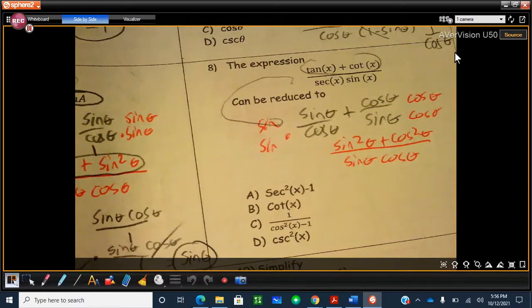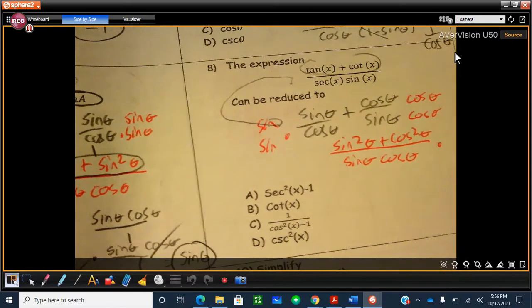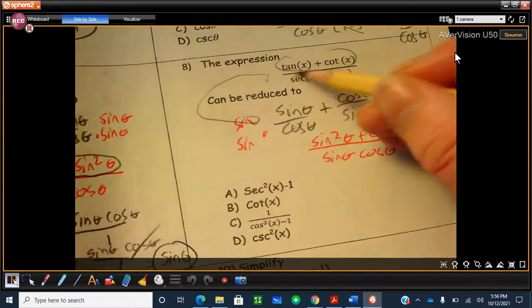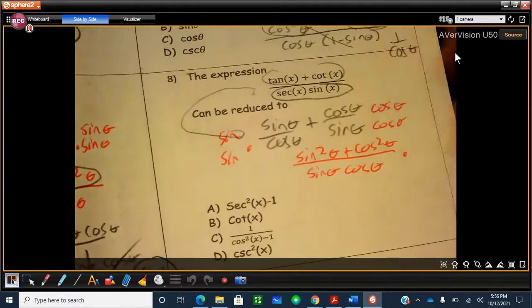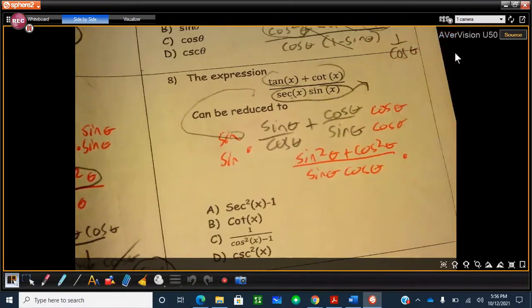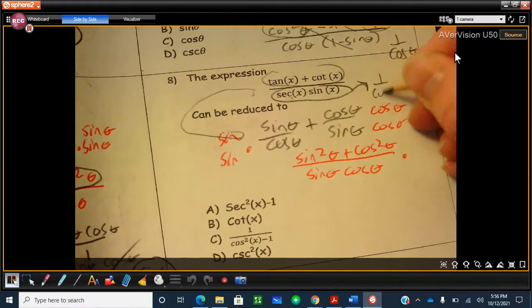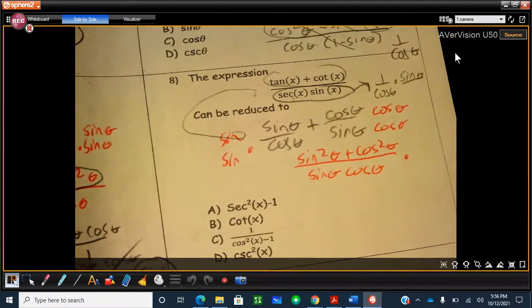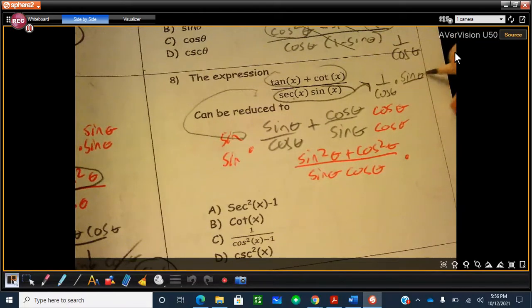That's the top. I'm going to multiply it by something. What am I going to multiply it by? Well, let's see. Secant, so if I take this side, secant is 1 over cosine theta times sine theta. And that ends up just being sine over cosine.